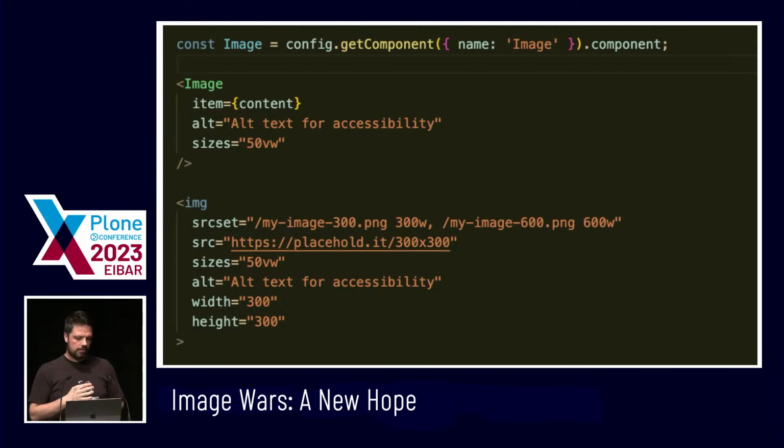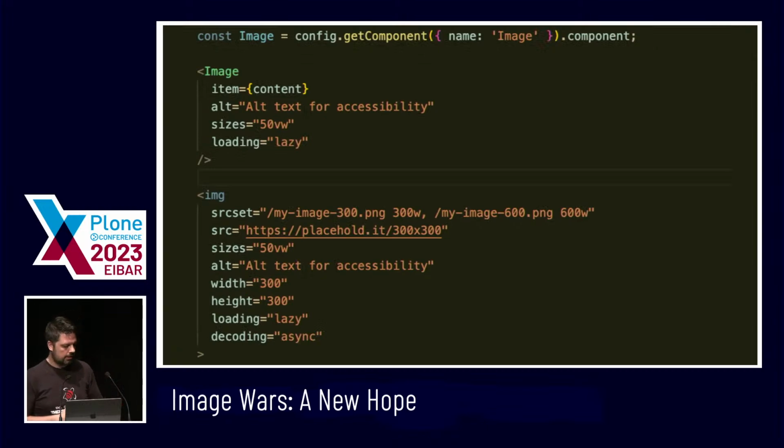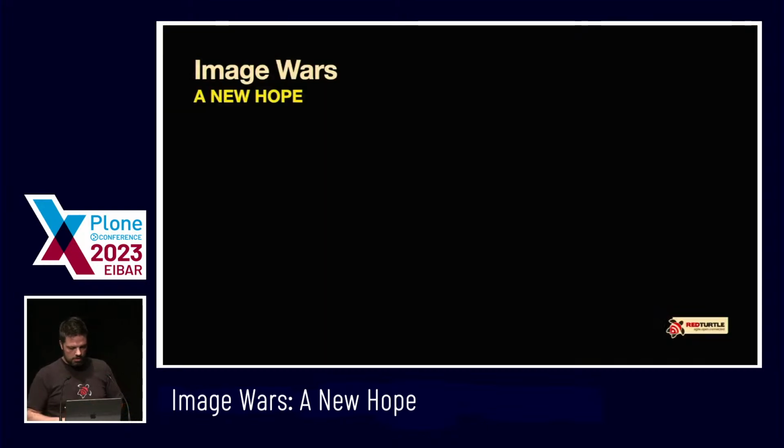And it gets the width and the height from the info that Plone has and does it for you. And what if you want lazy loading? That's the output, as I said. It's the same, async decoding is added for you.